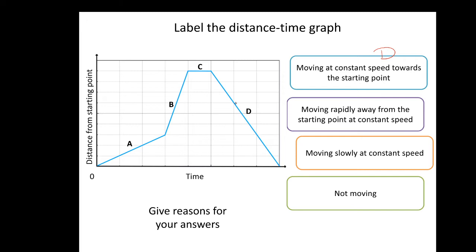This one is faster than this one. That one's rapidly, is fast, slowly. So you've got to decide whether it's A or B. You can see B is a much steeper line than A. So B has got to be the rapidly, which means that A has got to be the constant speed, and then C is not moving.